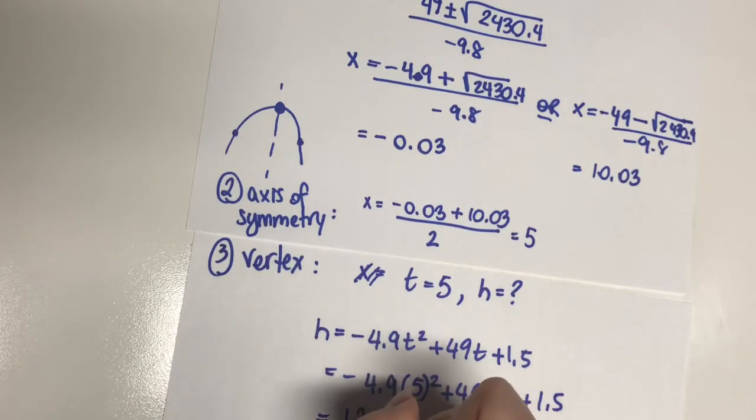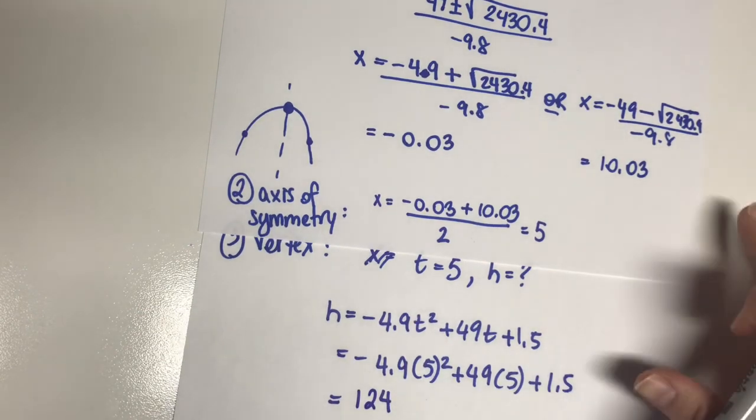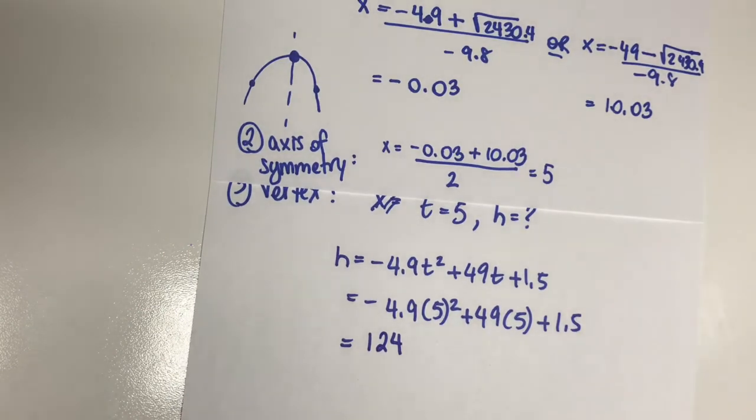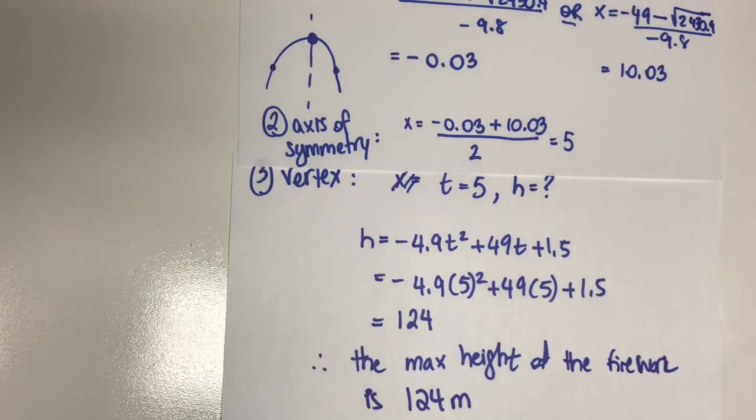And I get 124, just as I did in the other one. So that means the maximum height of the firework is 124 meters.